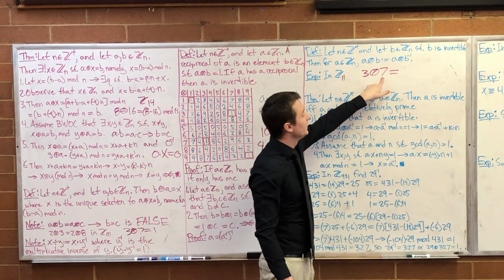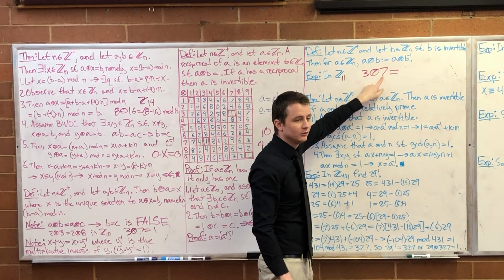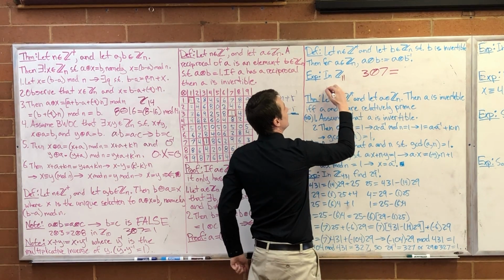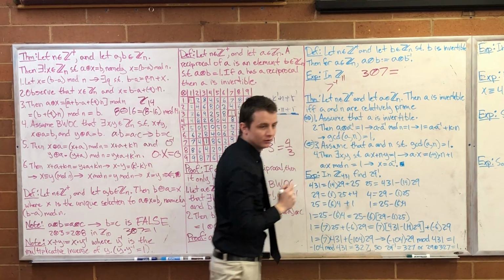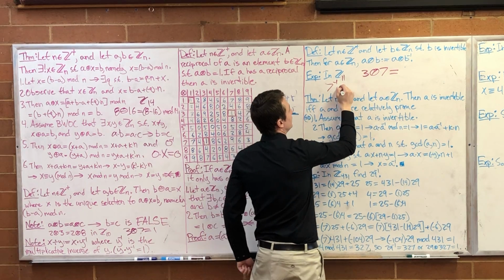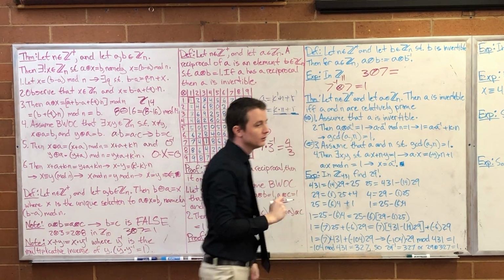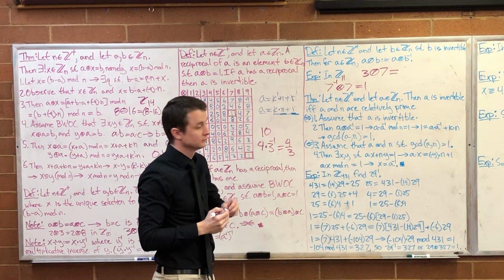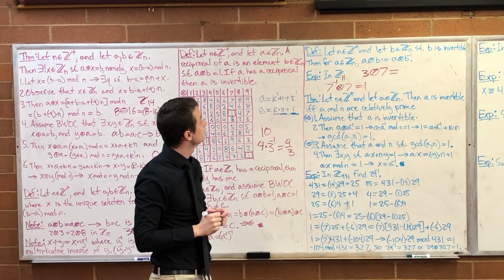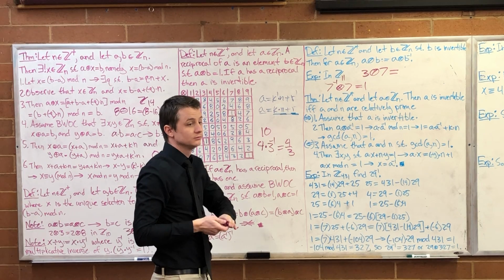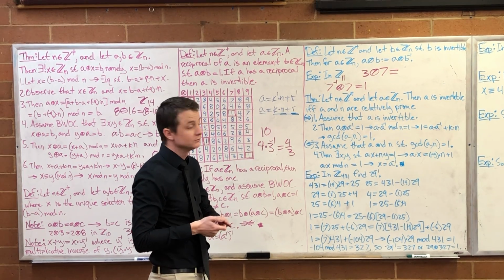So, what is 7's multiplicative inverse? What is 7 inverse? What number times 7 is equal to 1? It's not 3 anymore. It's 4.